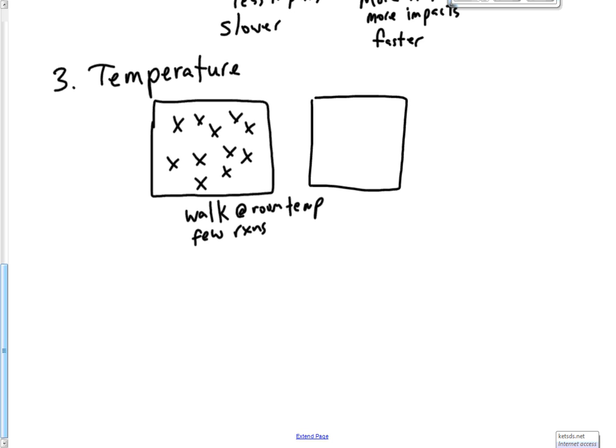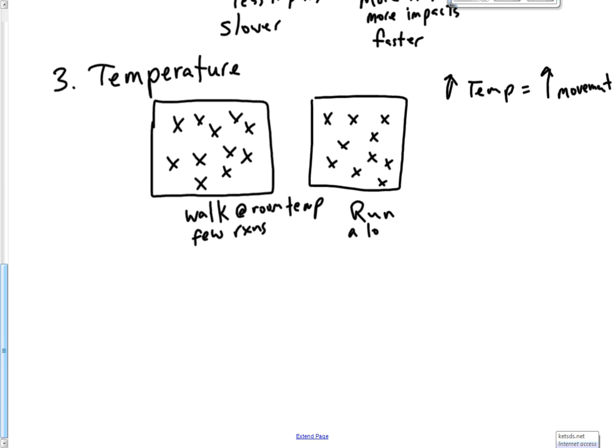When you increase the temperature, an increase in temp, an increase in movement. Everything moves faster. So if I tell the same people, instead of walking, to run, run blindfolded as fast as you can, well, there's going to be a lot more reactions here, a lot more impacts.